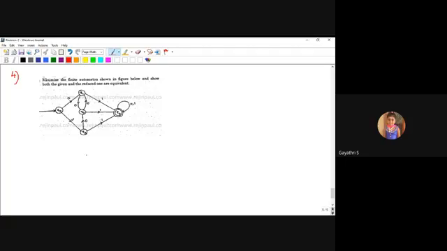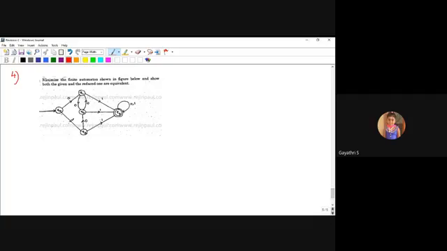First step: I will check which one is the starting state. Q0 is the starting state and Q4 is the final state, right? So I will check all the states, to see whether all the states are reachable from the starting state.